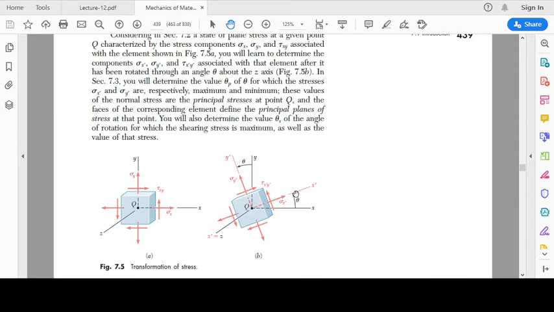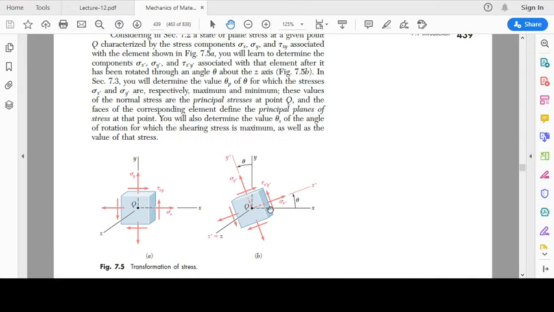So our x prime axis is going to be this, and the y prime axis is going to be this. The z prime axis is not going to change because we are rotating within the xy plane. We are talking of plane stress, so z prime is still going to be the same as the original z.